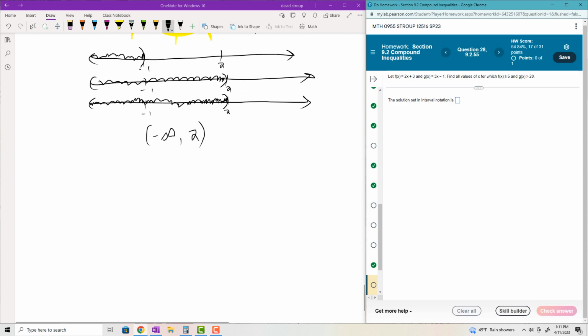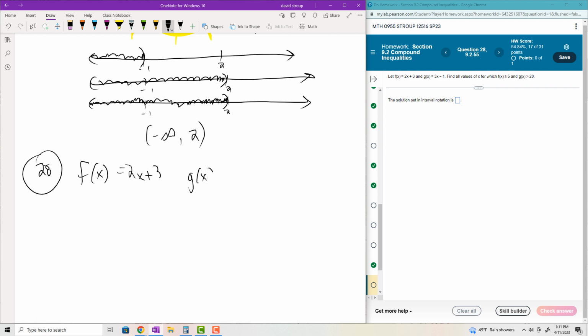Okay, now they're pushing you for some functional notations. Let's try 28. F of x is 2x plus 3, and then g of x is 3x minus 1. They want to know the x values for which f of x is greater than or equal to 5, and then g of x is greater than 20.